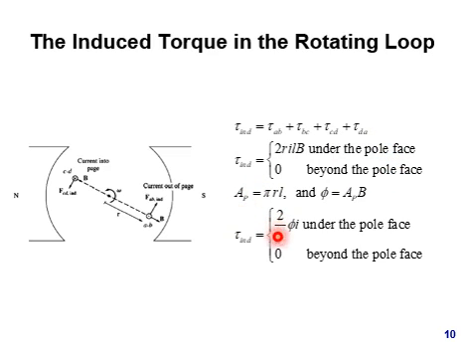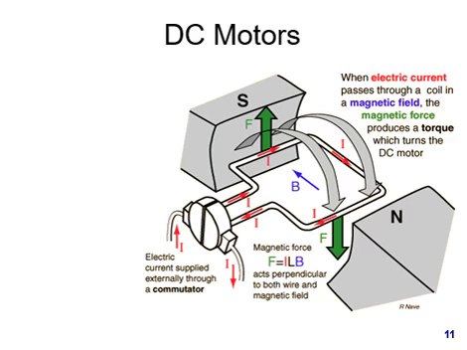Similarly, it can also be simplified if we put A_P is equal to pi r L and phi is equal to A_P B. Now this is the mechanism of DC motors: when electric current, in red, passes through a coil in a magnetic field, blue, the magnetic force, this green one, produces a torque which turns the DC motor.